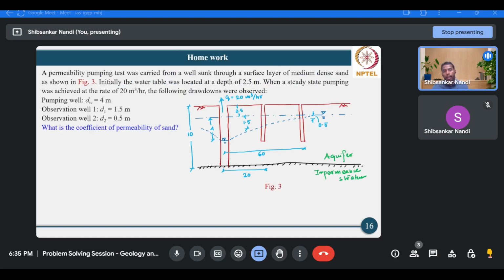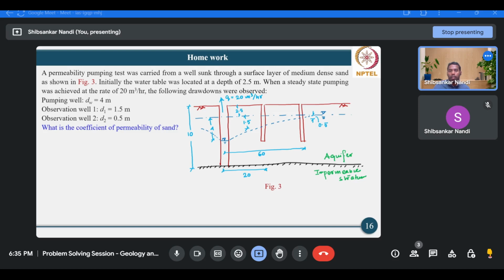Now we'll end today's session with this homework problem. In this homework problem, a permeability pumping test was carried out from a well sunk through a surface layer of medium dense sand, as shown in figure 3.